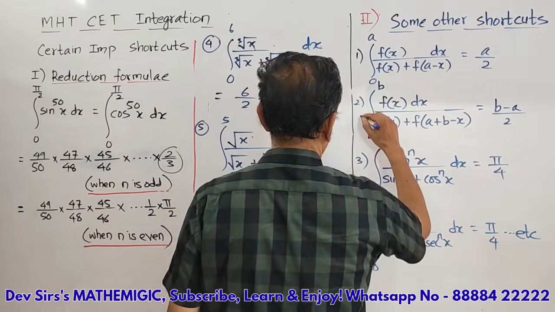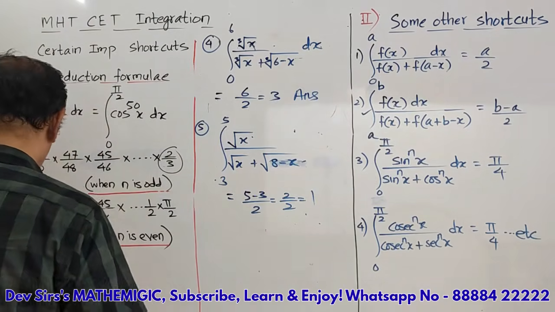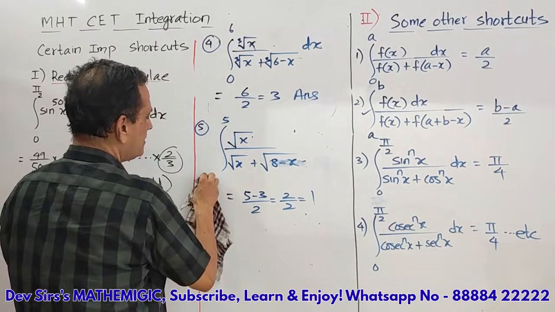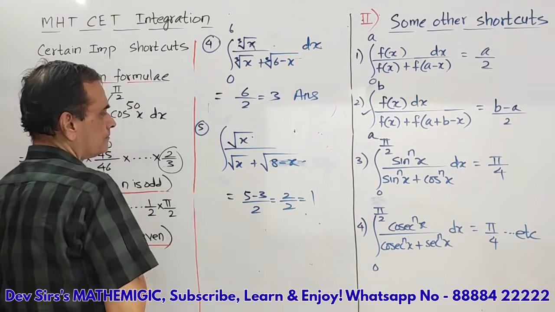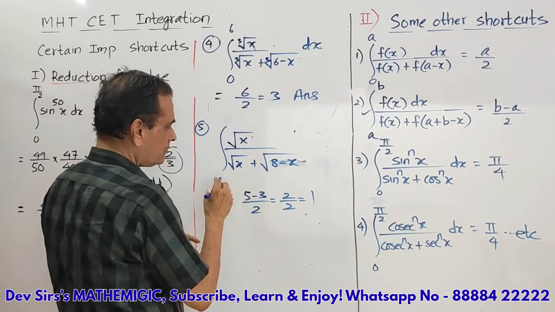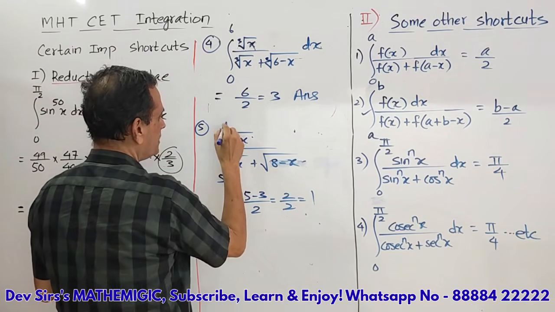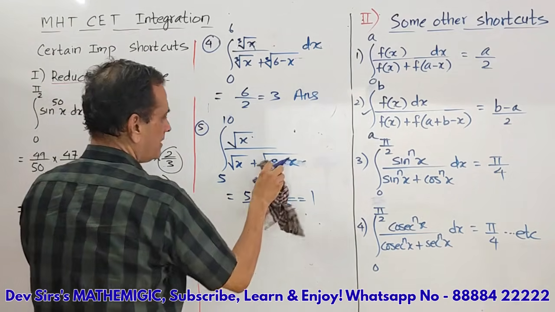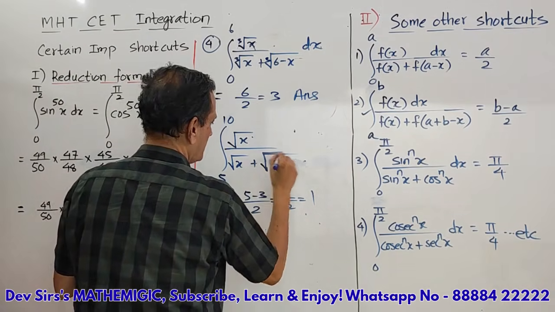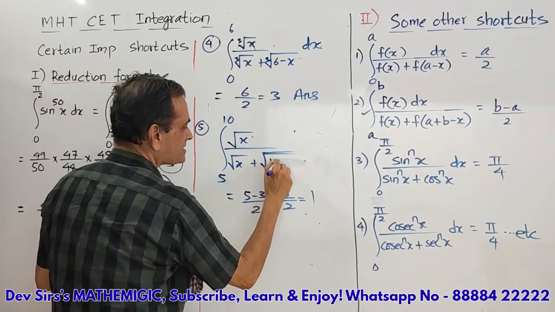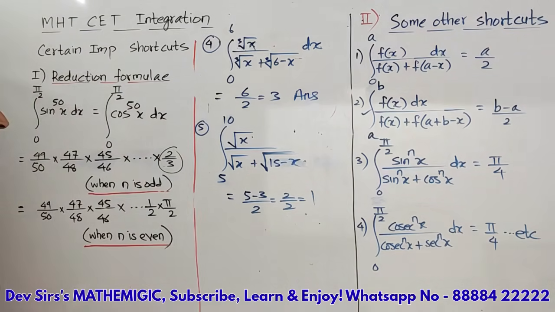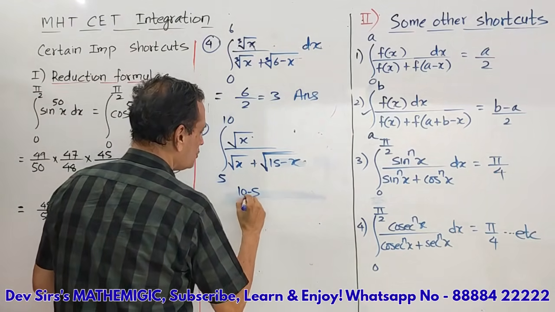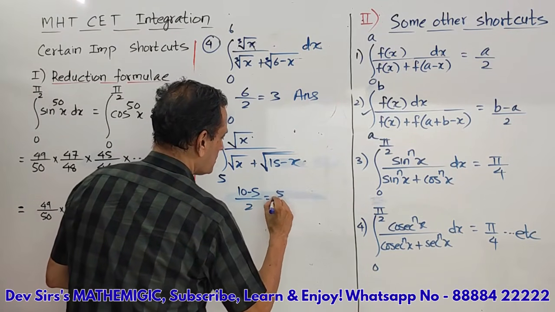This one is over. Now here I make one change, see. Supposing the limits are, take anything, 5 to 10. Then what will be the change here? 5 plus 10, 15 minus x. The answer is upper limit minus lower limit upon 2. 5 by 2.